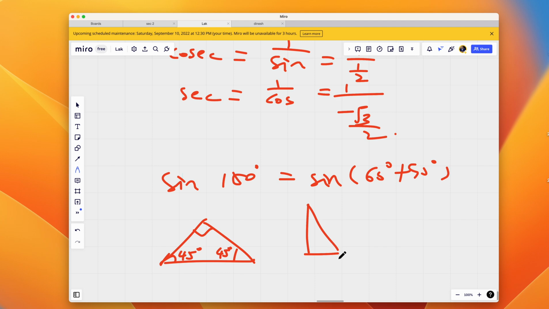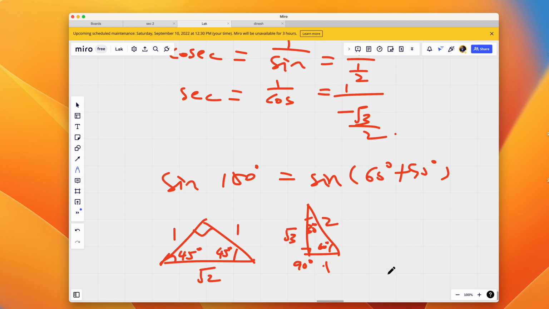The other one is the right angle triangle with 30 and 60. So 90. So then you label this is 1, this is 1. Why this has to be 1? Because isosceles. And then this has to be square root 2. And if this is 1, this is 2, then it's square root 3.